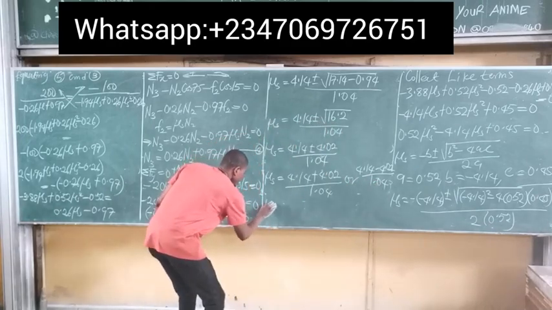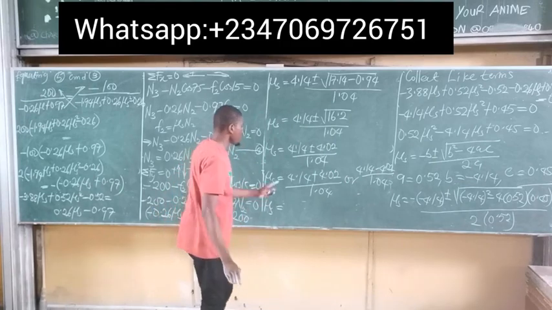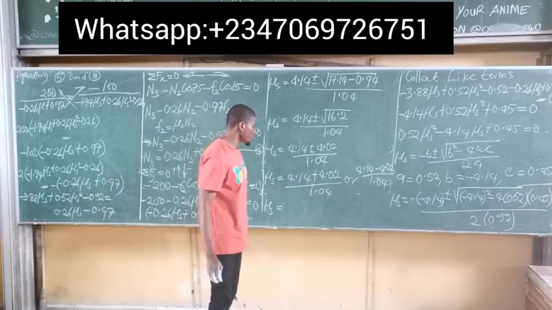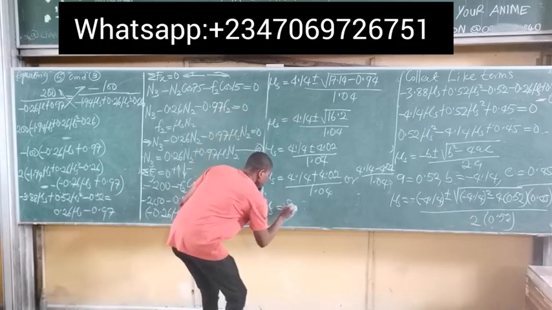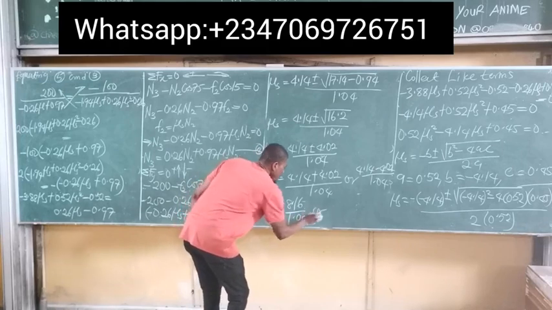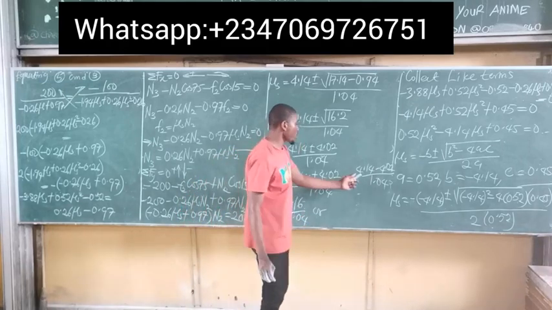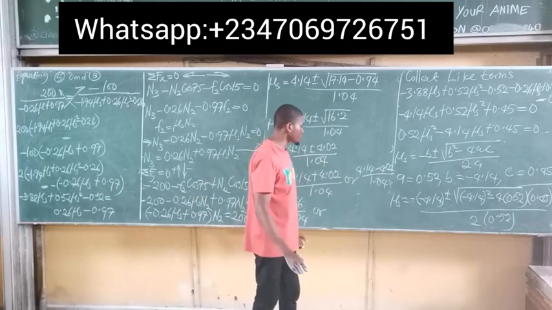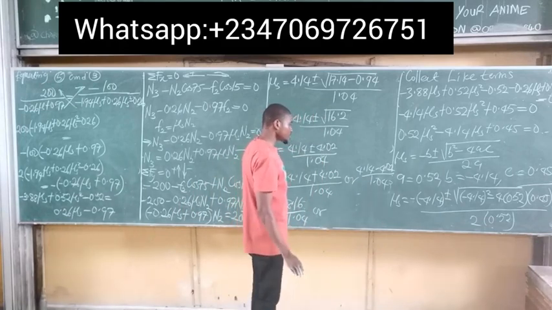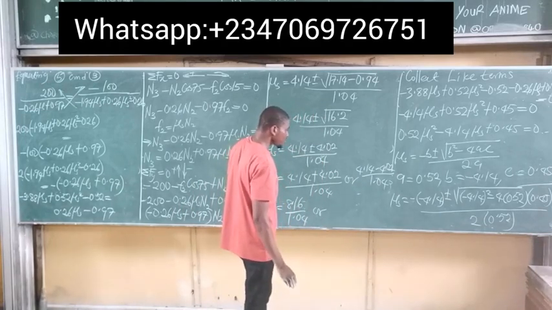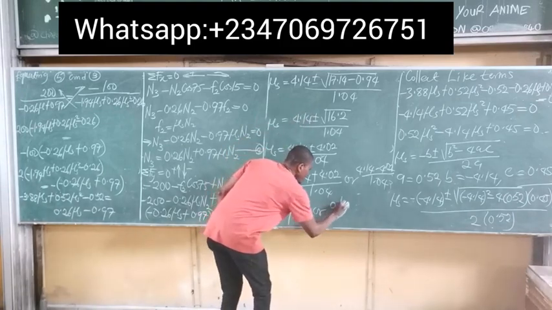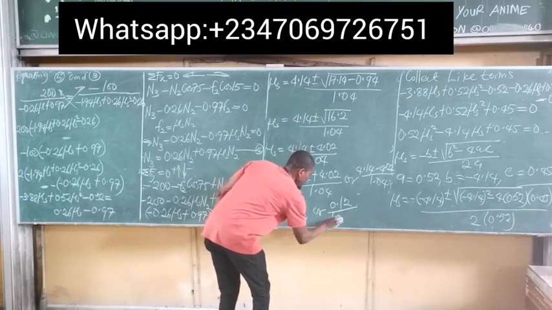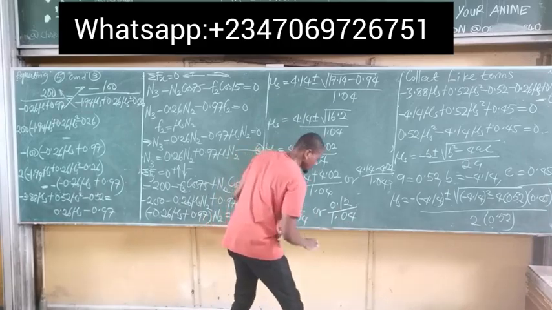This means mu x is equal to 4.14 plus 4.02, which is 8.16, all over 1.04, or mu x is simply 4.14 minus 4.02, which is 0.12, all over 1.04.